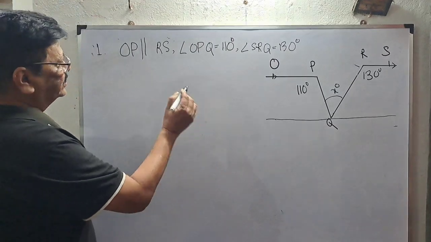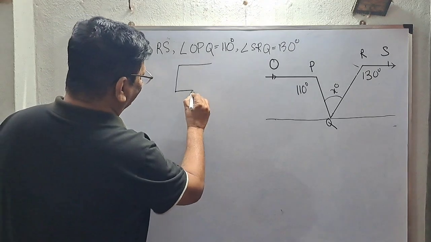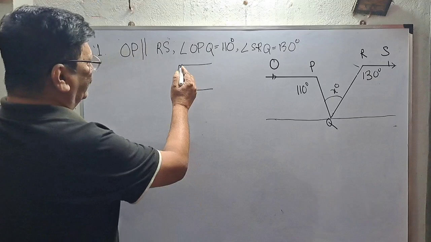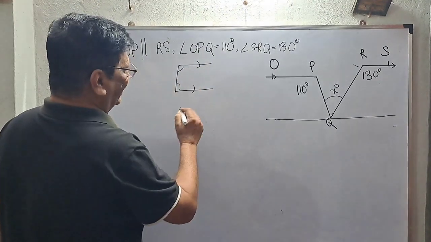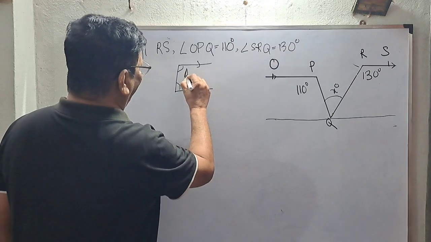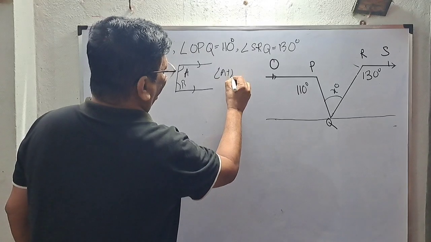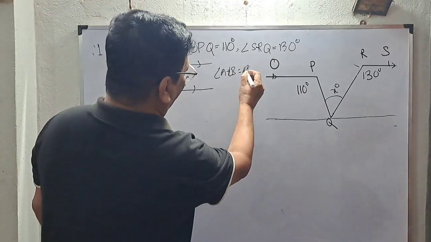Here, we'll use this: we know that for two parallel lines, these two angles are called allied angles, co-interior angles. Angle A plus angle B is equal to 180 degree. This is rule number 1 we'll apply.